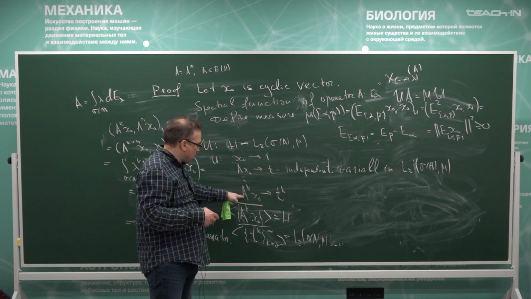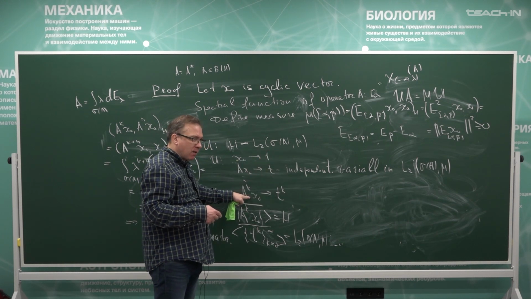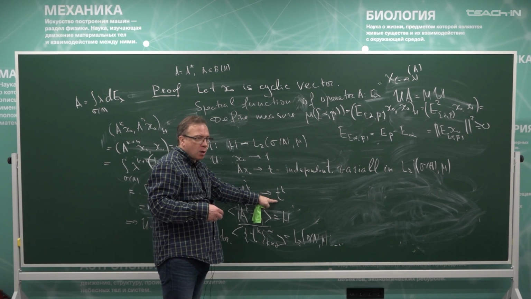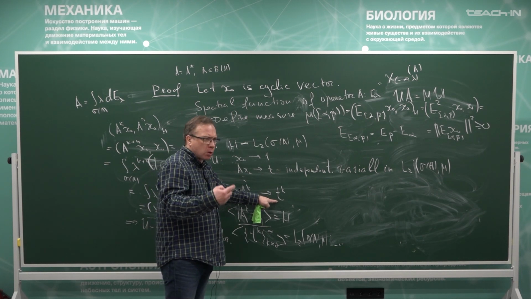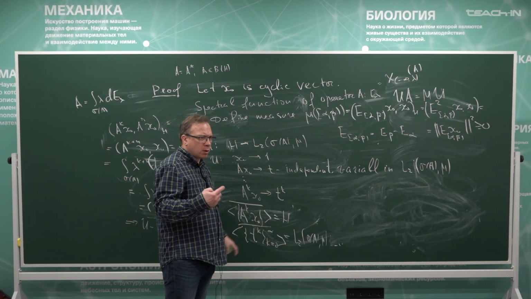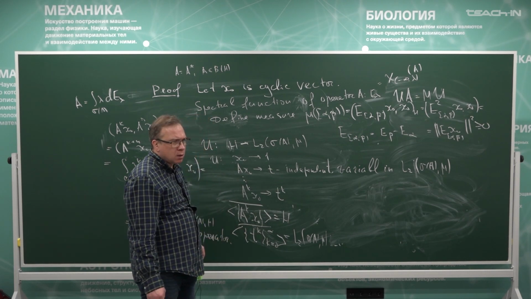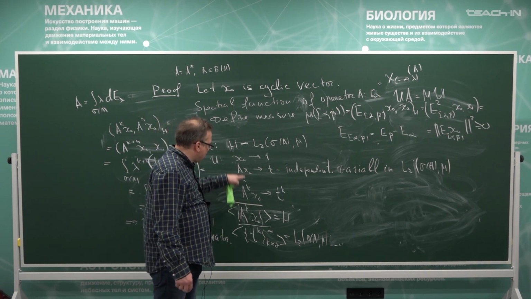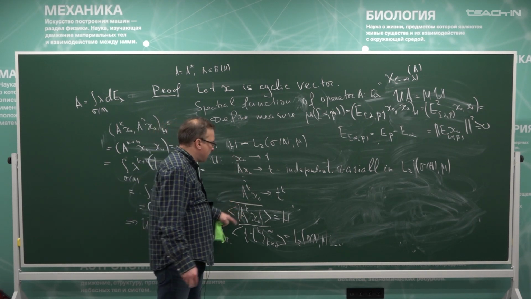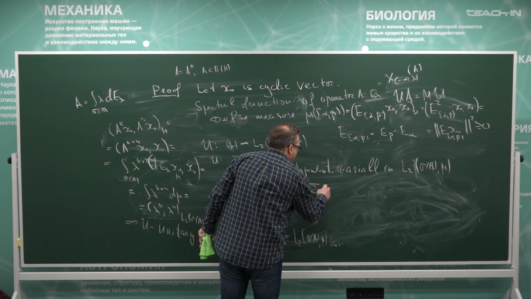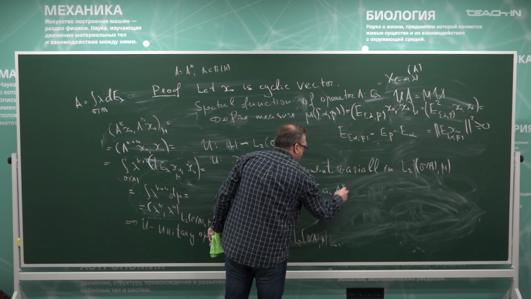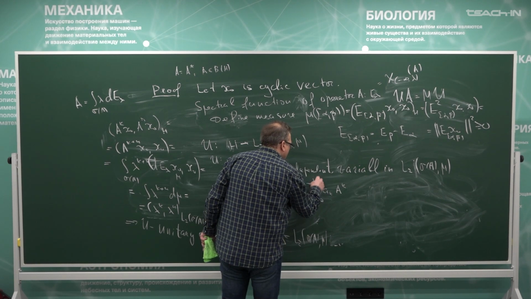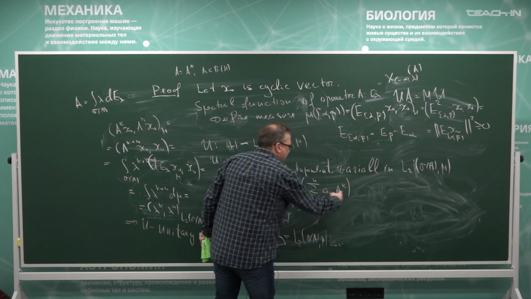And then by the isomorphism, any power of the cyclic vector goes to a monomial, t^k. What happens with a linear combination of these vectors, k from 0 to n?